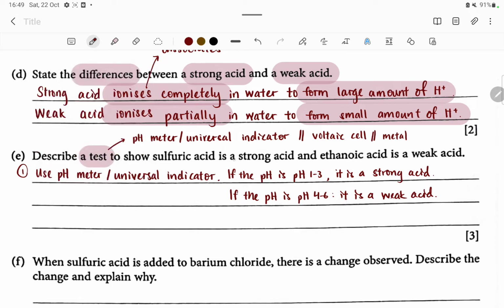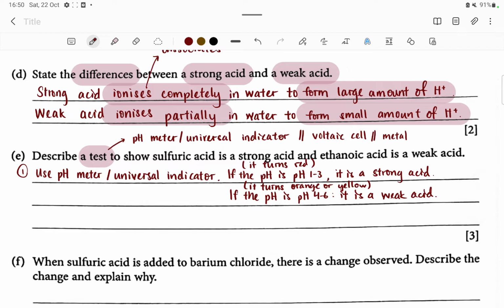So if it turns red, it is a strong acid. If it turns orange or yellow, it is a weak acid. So this is the first way that you answer this question.